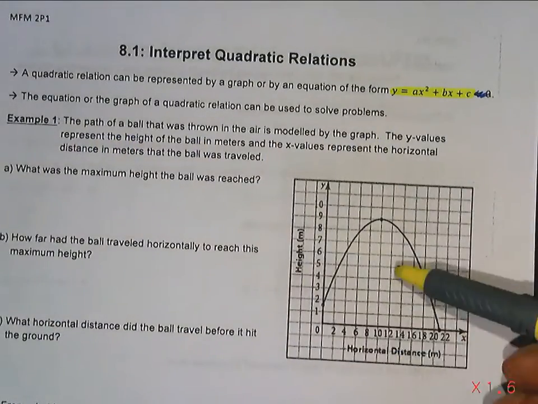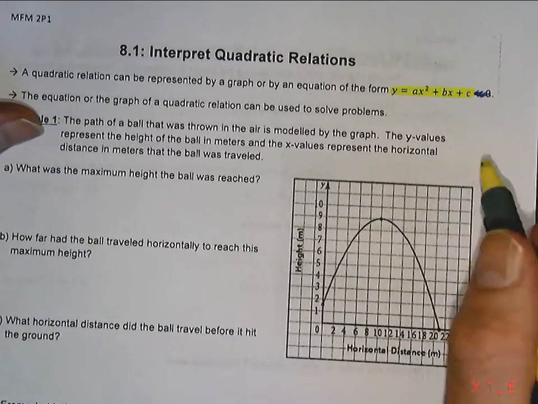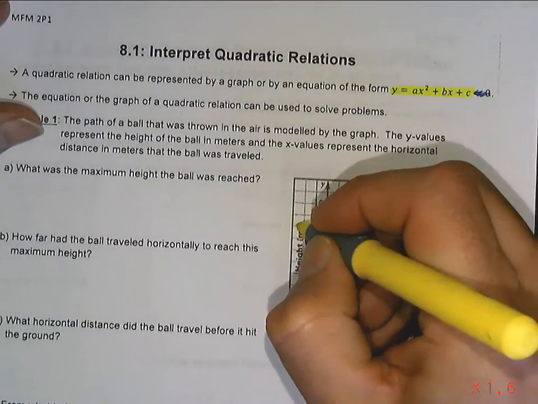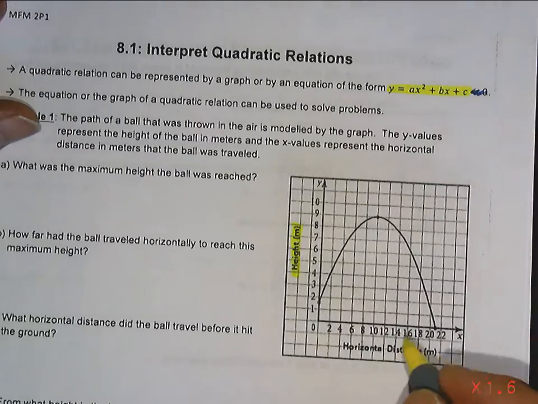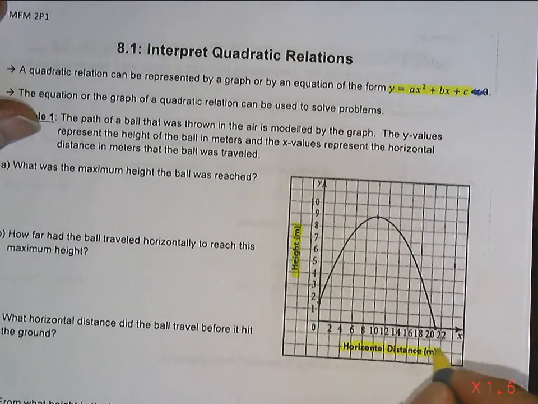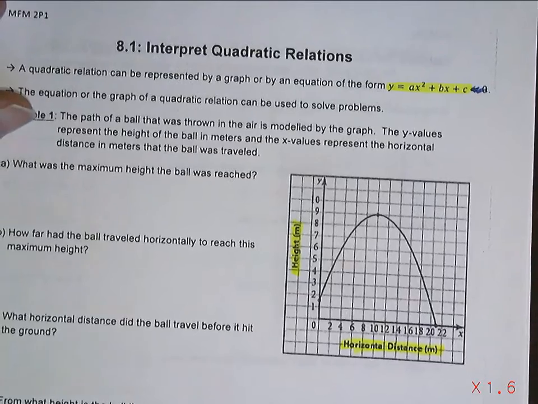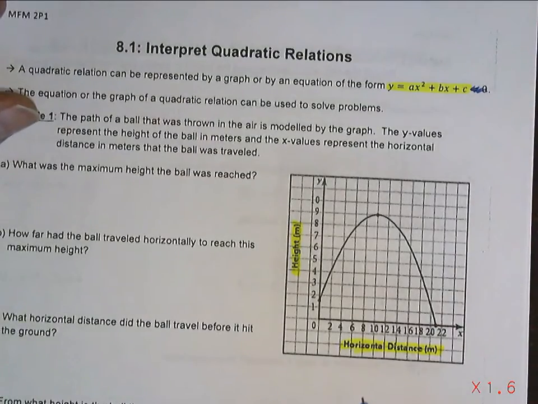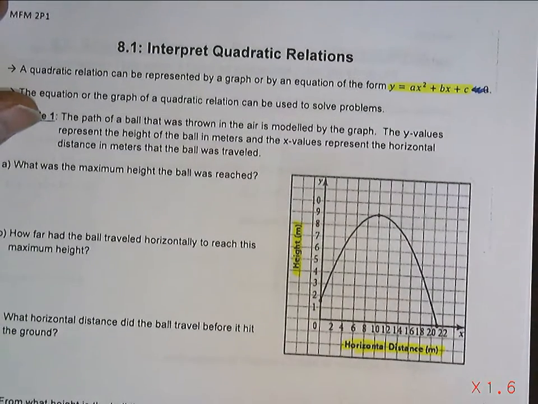So this is a ball being thrown in the air. The y values represent the height of the balls in meters. So this is the height as the ball goes up in the air. And the x values represent the horizontal distance that the ball is from where it's been thrown. So if I was to draw a picture of what's going on here, a ball is being thrown.